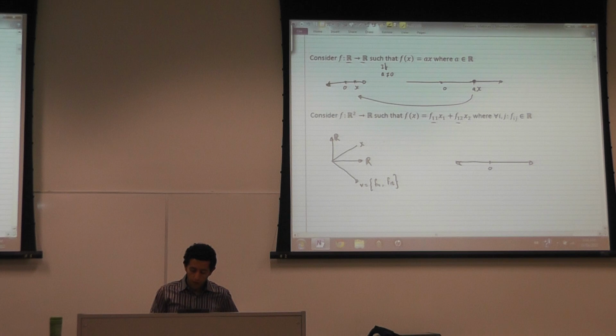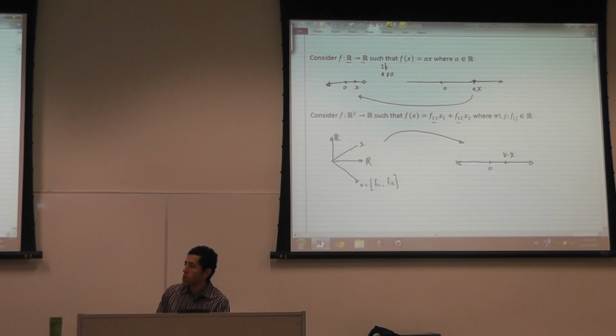This operation gives me v dot x, because when I take the dot product between v and x, I'm multiplying f11 by x1, f12 by x2, and I get a number here.